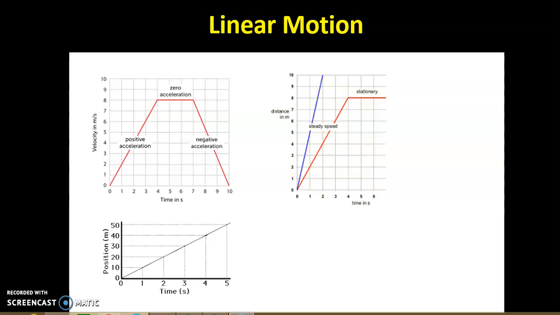Examples of these are speed and velocity, speed being the scalar and velocity being the vector. And also distance and displacement, distance being the scalar and displacement being the vector. So these act in linear motion and can be measured.